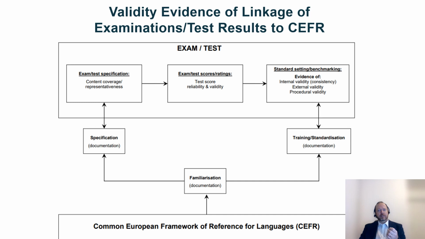Usually this takes the form of deciding on cutoff scores, and so the cutoff of what is a pass rate, and borderline performance, looking at borderline performances. It's always best to look at the borderline decisions here, what's the bottom of A2 or the top of A1, for example, rather than the middle, because that's where the crucial decisions are going to be made here.